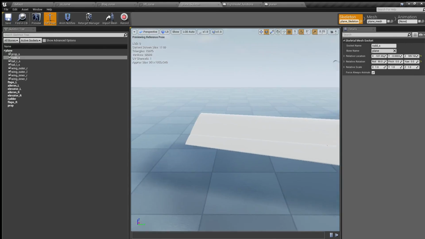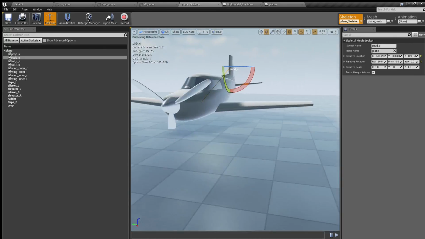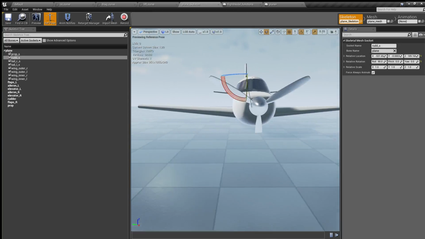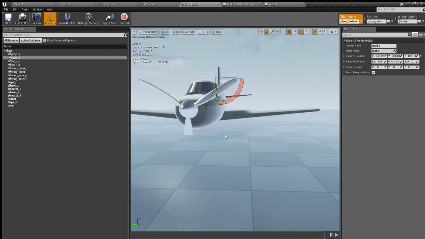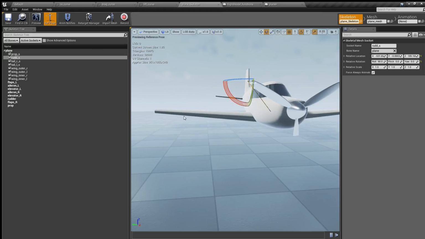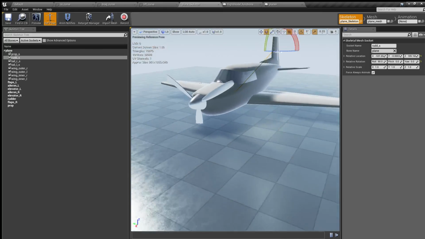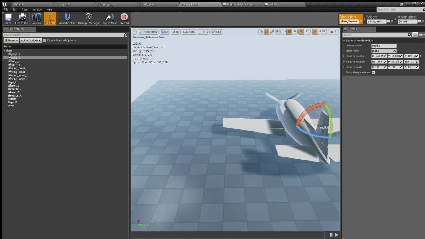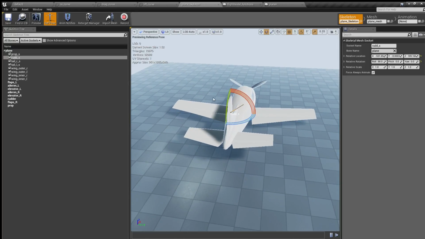Same actually goes for the main wing, which as you can see is slightly tilted to cause dihedral effect, which helps to reduce roll inertia, making the aircraft more stable.